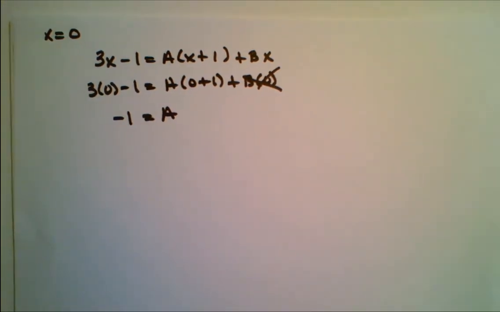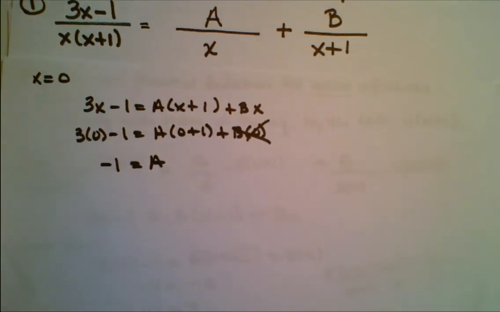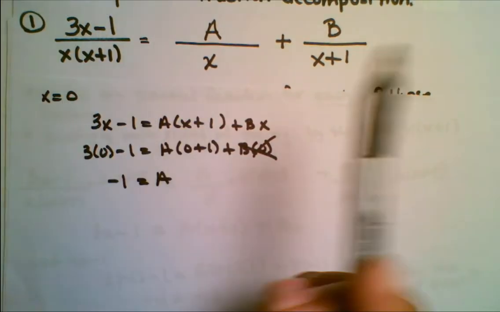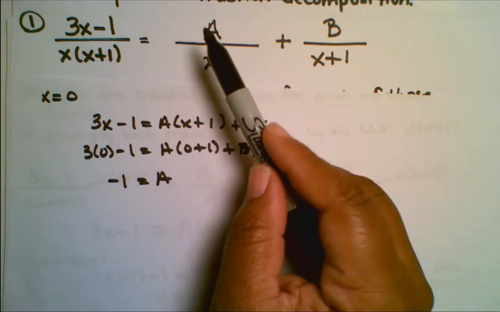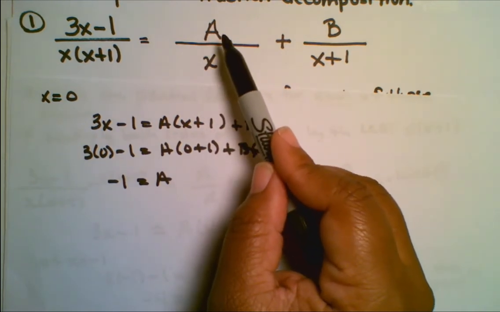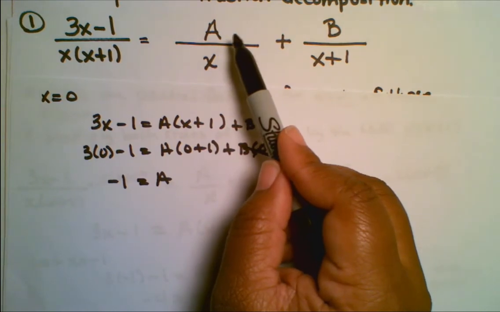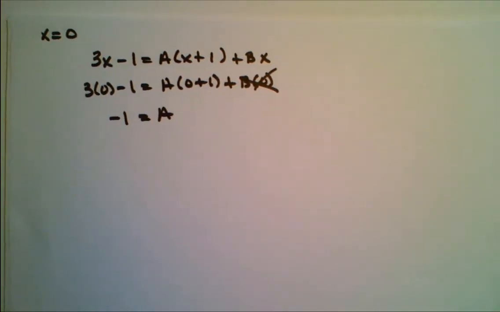Now what we're going to do is go back to how we set up our equation at the beginning, and plug in the values for our variable a and for our variable b. So let's go ahead and write out that answer.